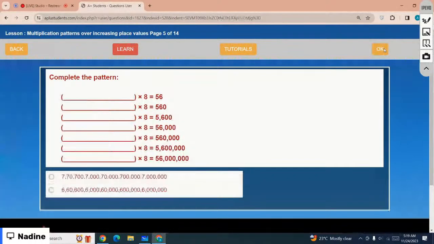Okay, complete the pattern. Missing number times 8 equals 56. So which number is missing? The correct option is 7, because 7 times 8 is 56, right?